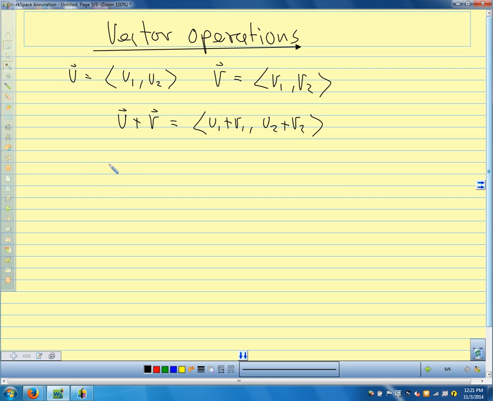And when we're talking about vectors, we call real numbers scalars. We don't say real numbers, we say scalars. So k times u is just k times each component.